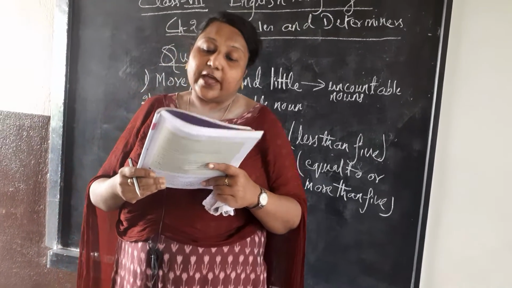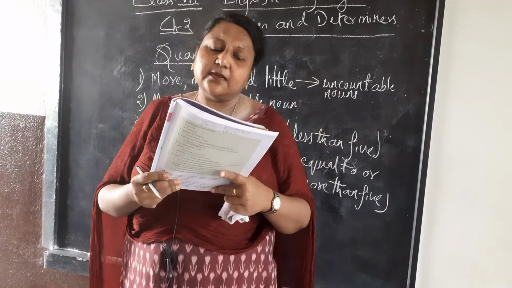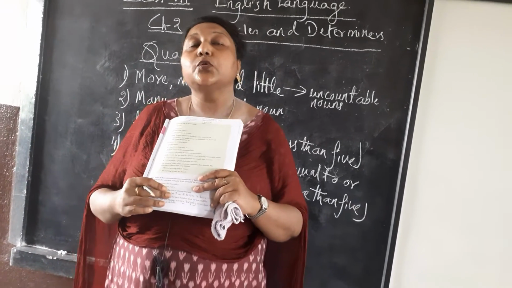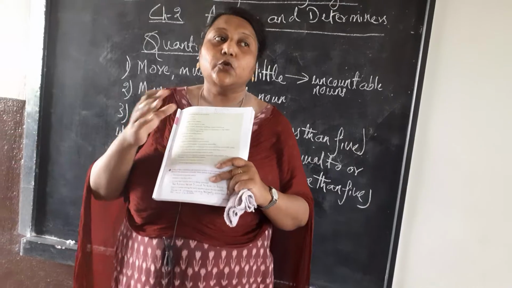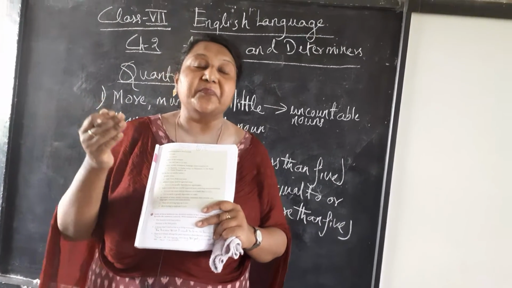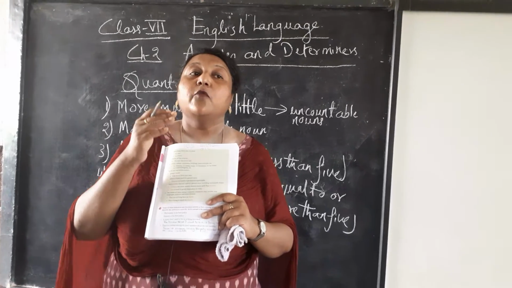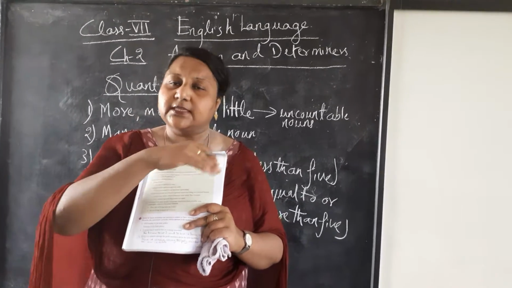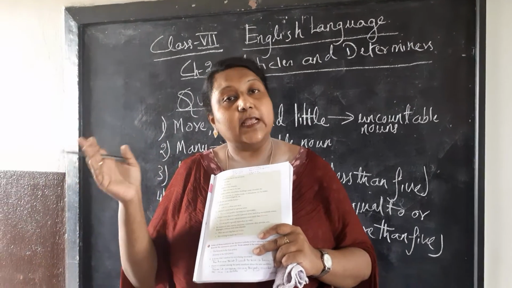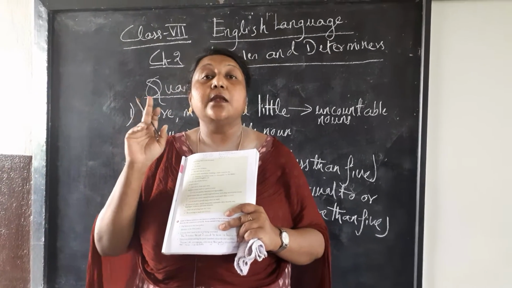Next comes quantifiers. Other words are also there. Next comes numbers, which is also known as numerals. Here 2 varieties are there, one is cardinal, the other is ordinal number. Cardinal numbers are 1, 2, 3, 4 and so on, and ordinals are first, second, third, fourth and so on, but one more word is there, last.